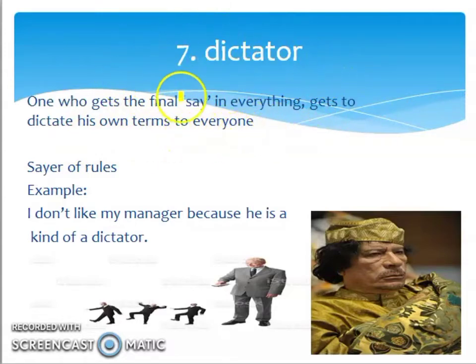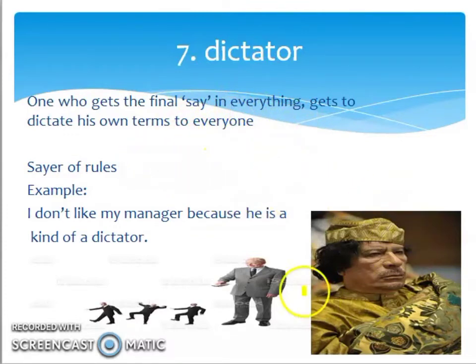So I guess you are familiar with the word dictator, right? And if you remember in the previous series of lectures, somewhere I talked about OR, ER, the performer of the action, okay? Right? So, sayer of rules is a dictator, right?